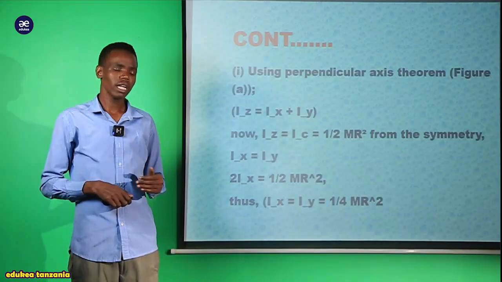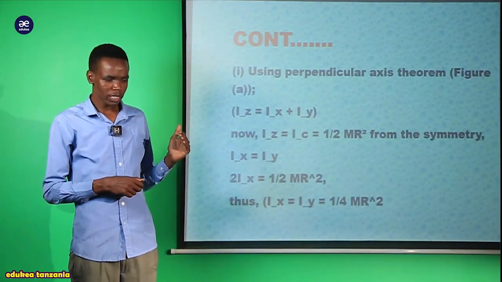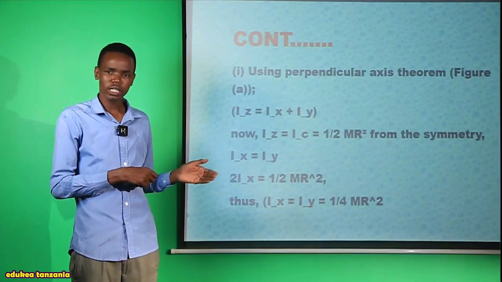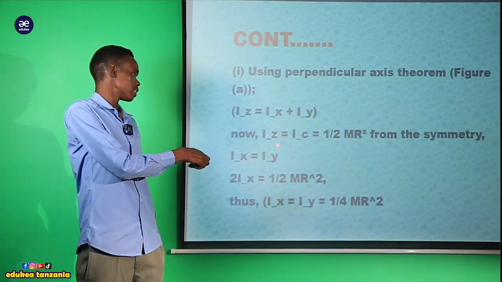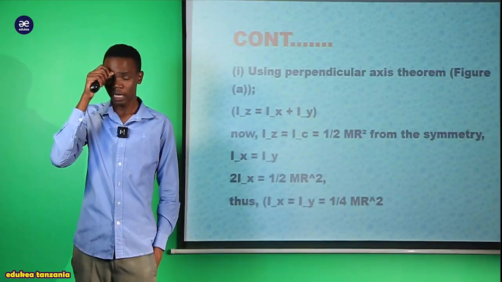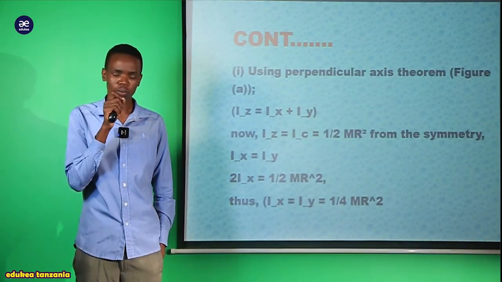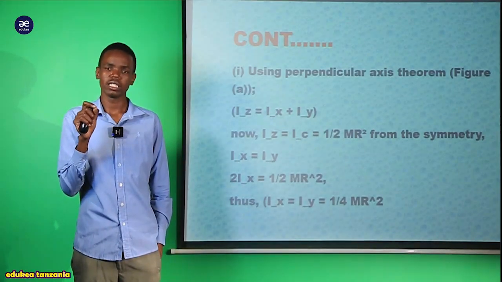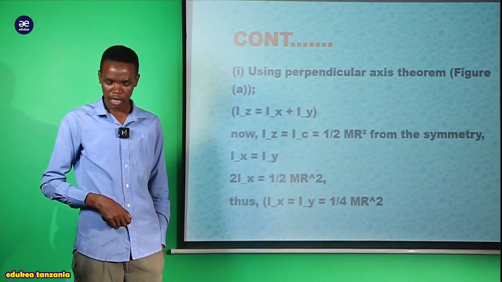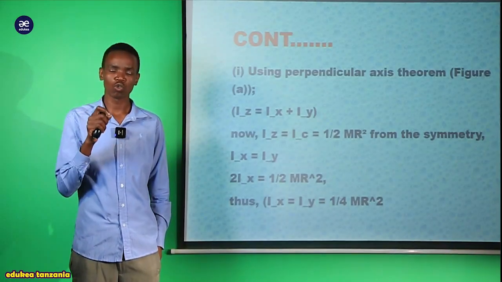So after this, let us substitute that. For symmetry, Ix is equal to Iy, so instead of writing Iy, let us substitute Ix, and there we obtain 2Ix is equal to half mr square. After this we divide by 2 both sides.